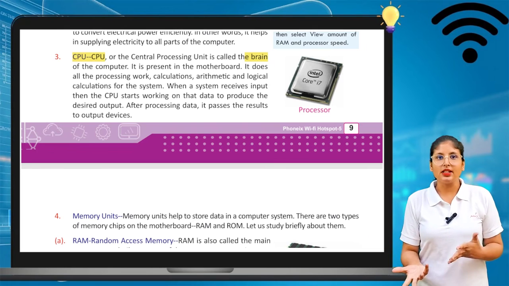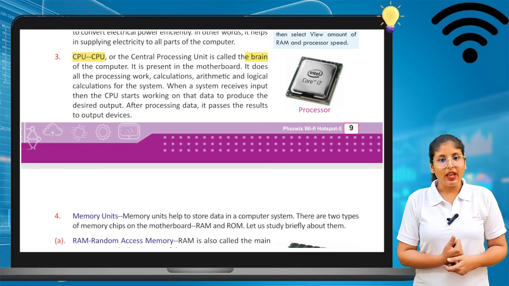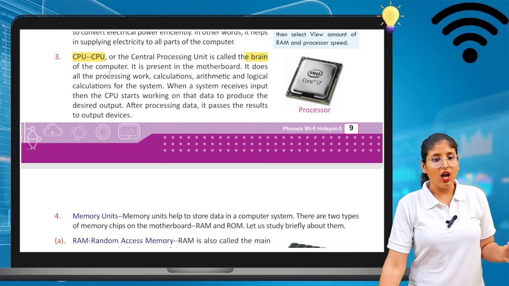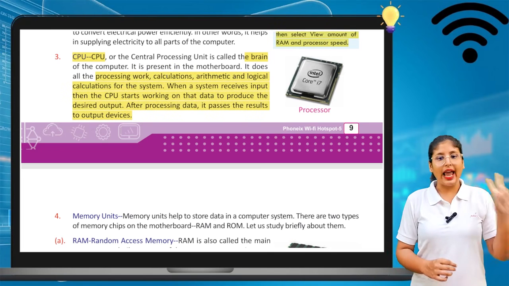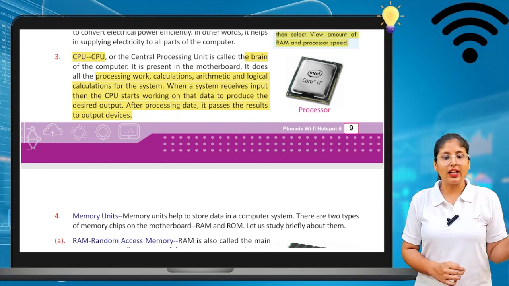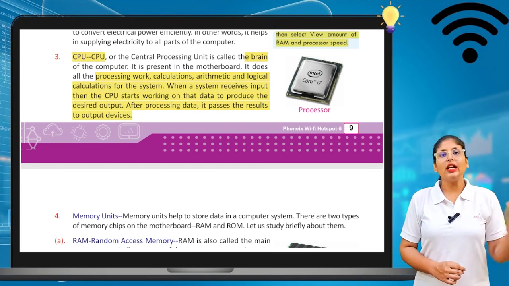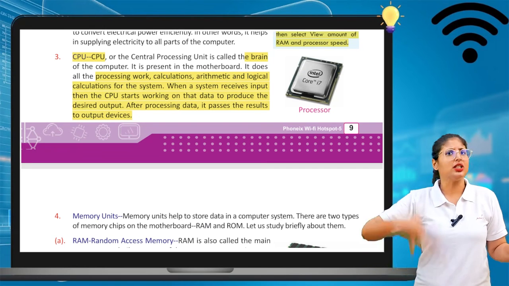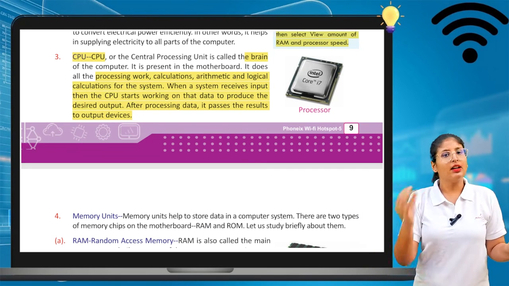It does all the processing work. They do all the processing work, calculation, and arithmetic and logical calculation of a system. So they do these main things of the computer: calculation, arithmetic and processing.